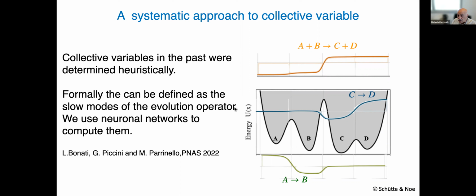I will not go into how you do it, but just know that the difficulty of finding collective variable is still there, but it's much simpler to determine collective variable, and in many cases can be done almost automatically.